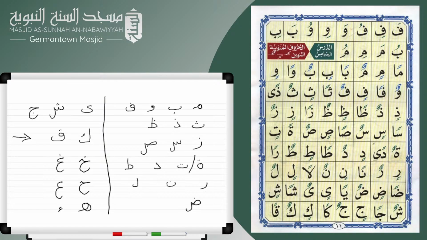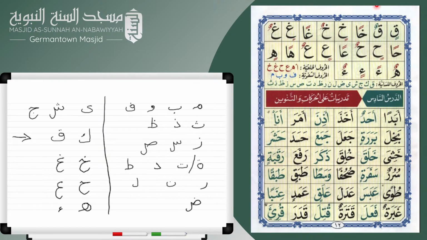Now he goes to the throat. Not only does he go to the back of the tongue, he goes to the top, the throat. He now goes to all the letters from the throat. He starts with those two that come to the top of the throat, which are what and what? Kha and ghayn.